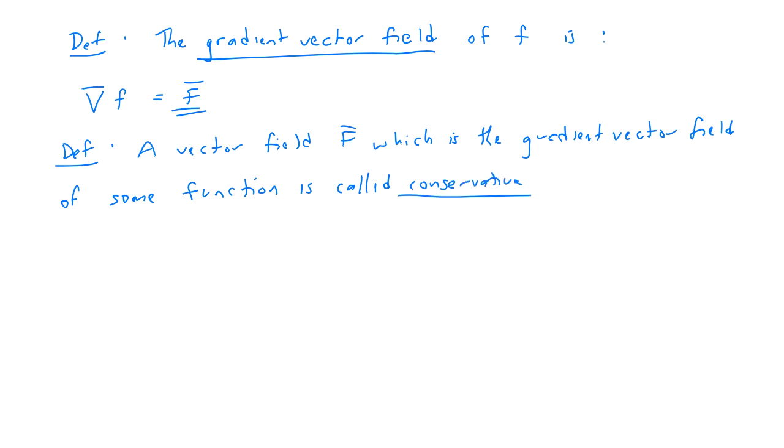A vector field which is a gradient vector field, so is the gradient of some function, is called a conservative vector field. In that case, the original function little f is called the potential function of the vector field.